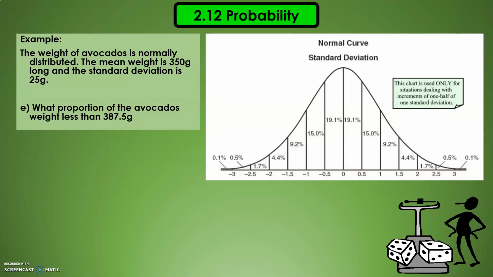So if we take a look at another bell curve, different from the one before, this one's got the proportions divided, rather than by one standard deviation, into halves. Okay, so first thing we need to do is apply the mean is equal to 350 and the standard deviation is equal to 25 grams.